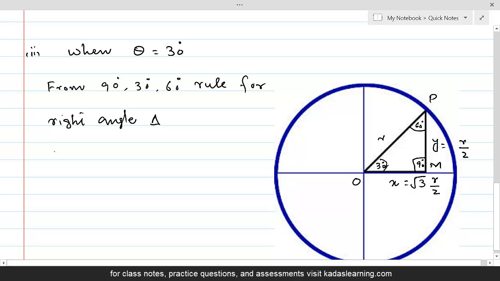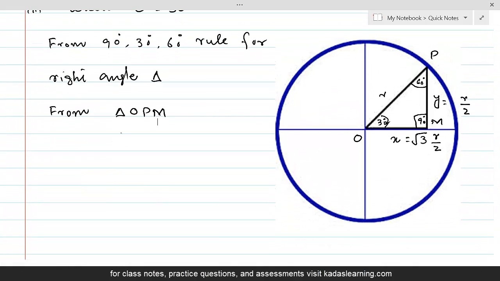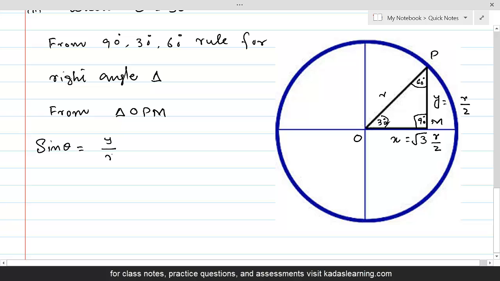Then from triangle OPM, sine theta which was equal to y over r, cos theta which was equal to x over r, and tan theta which was equal to y over x.